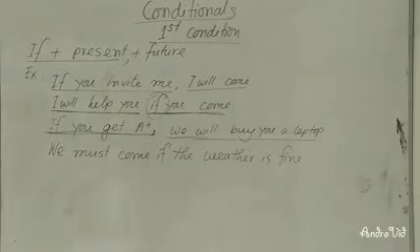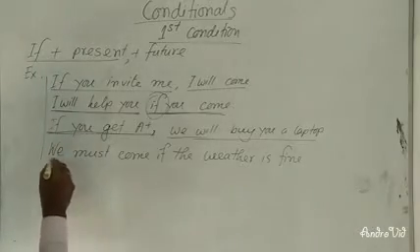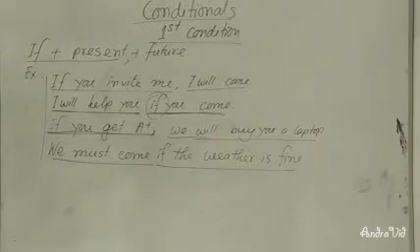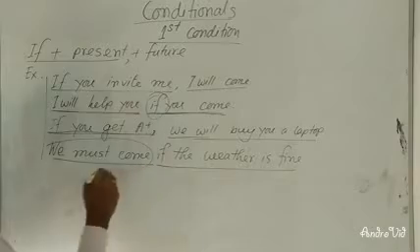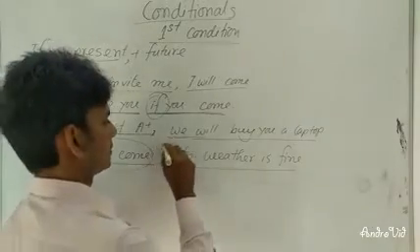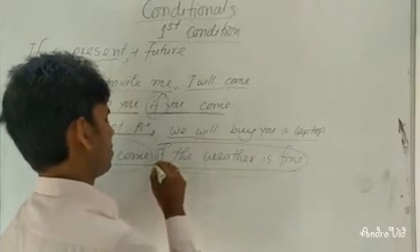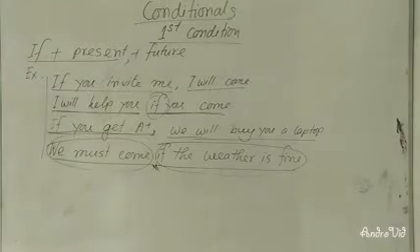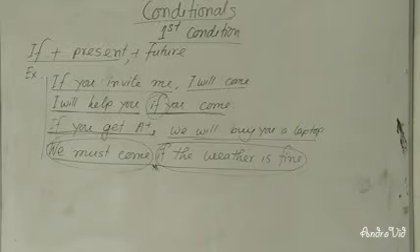All of these are first conditions. Dear learners, you can see that this is the principal clause. If you write the principal clause at the beginning, then you write the subordinate clause after it and you will not put any comma. So you will write this directly.